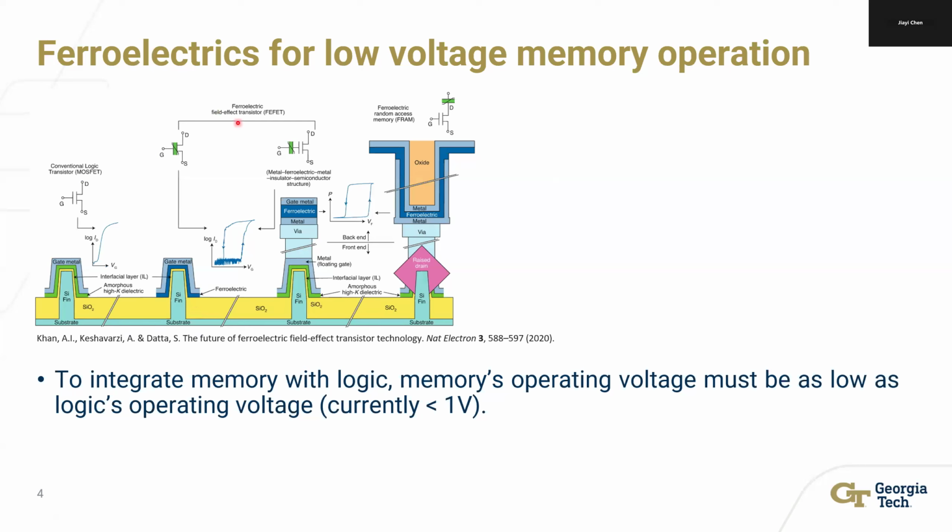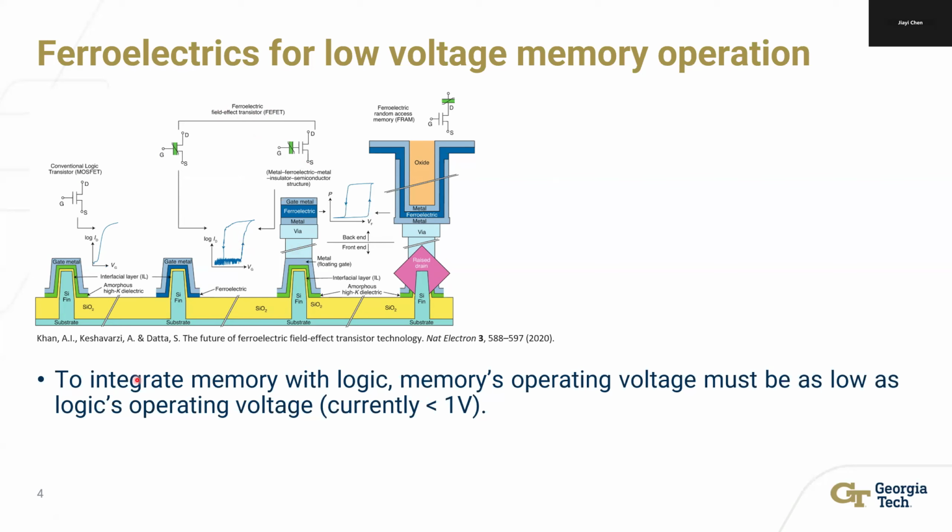Ferroelectric field effect transistor, FEFET, is a memory transistor with ferroelectric materials as the gate dielectric and can be integrated well with the process for logic transistors because they are both transistors. Only the gate oxide is changed.